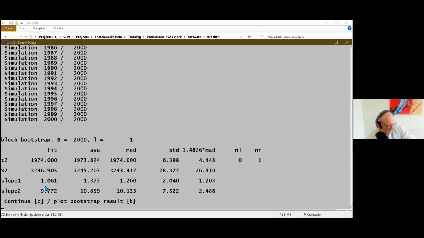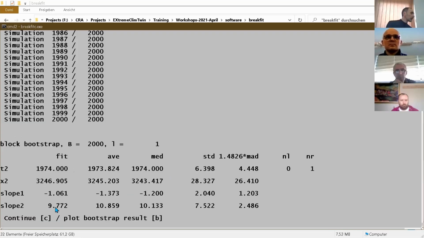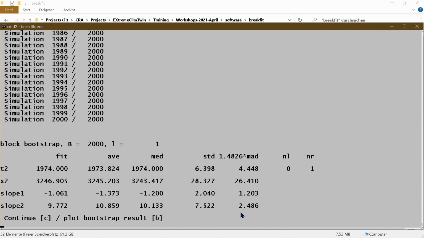On the other hand, the more recent slope after 1974, we are at the value of 10 runoff units per year, and the uncertainty, well, it is either 2 or 3 or maybe 8, but I would say it is still significant. It is less than the value itself.